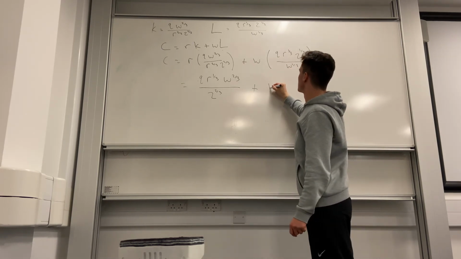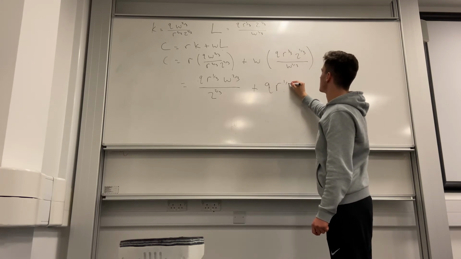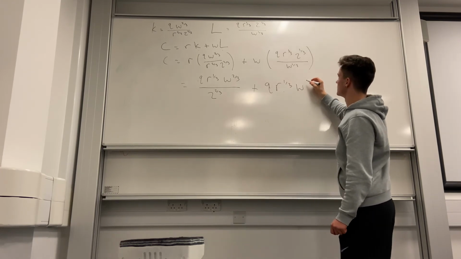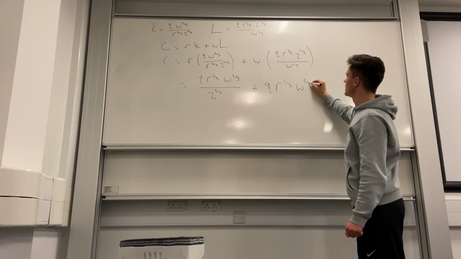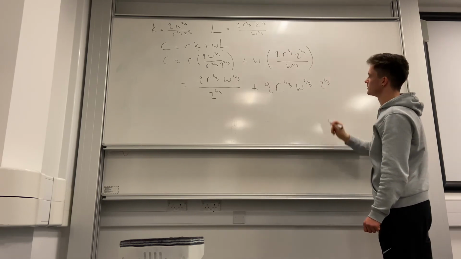So we've got q r to the power of 1 over 3 w to the power of 2 over 3, and then 2 to the power of 1 over 3.